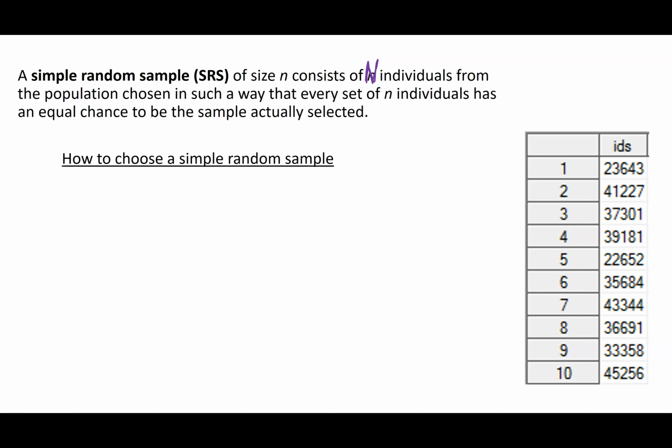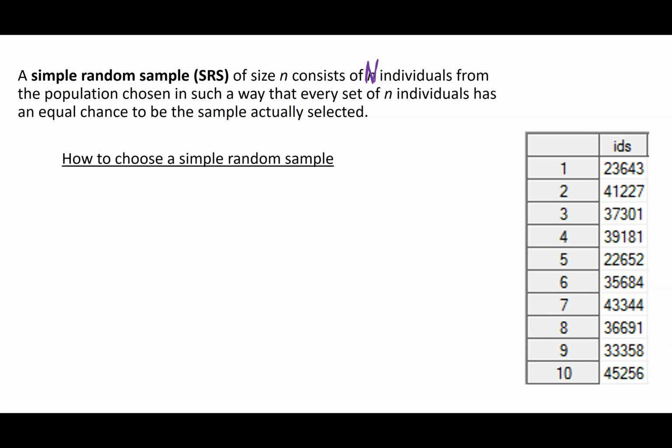So what that means is if I take a random sample of 100 students from 30,000, that 100 students was just as likely to be picked as any other sample of 100 students. That's what that means.